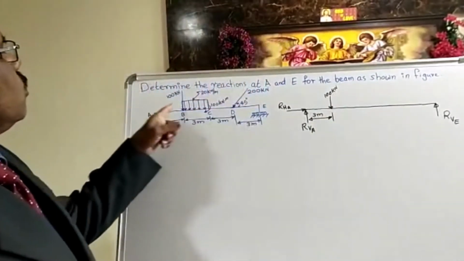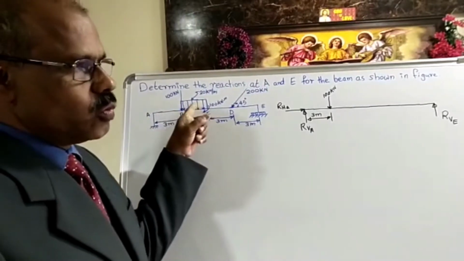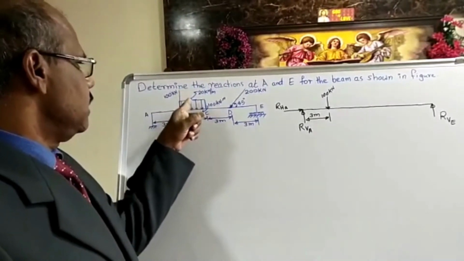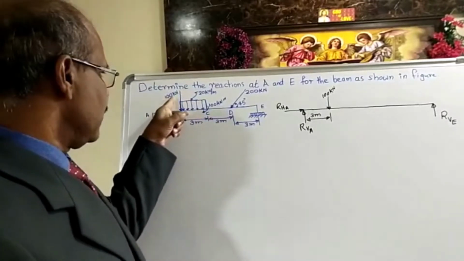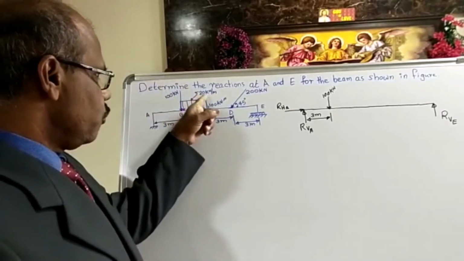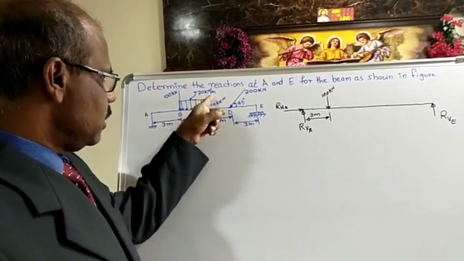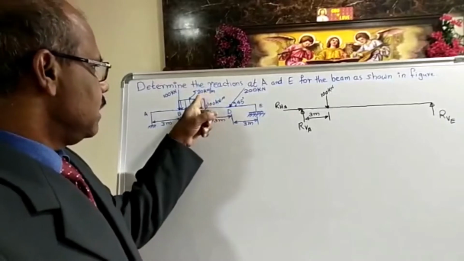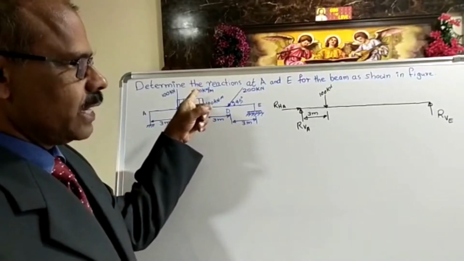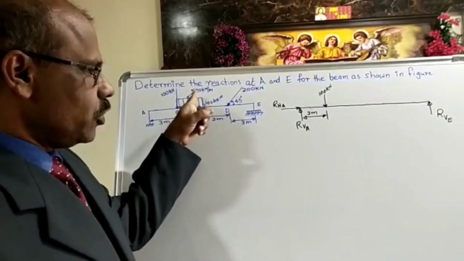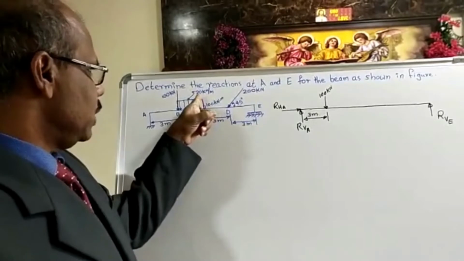Now another load is the uniformly distributed load. See, the concentrated load has a unit of kilonewton, but for the uniformly distributed load, the unit is given as kilonewton per meter, and the magnitude is 20. It means per meter it is 20 kilonewton.